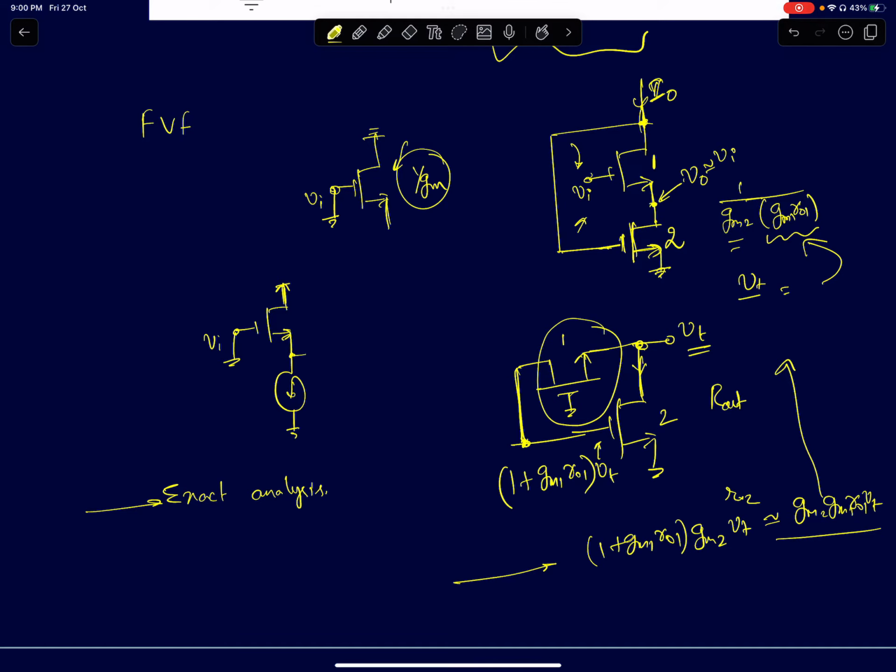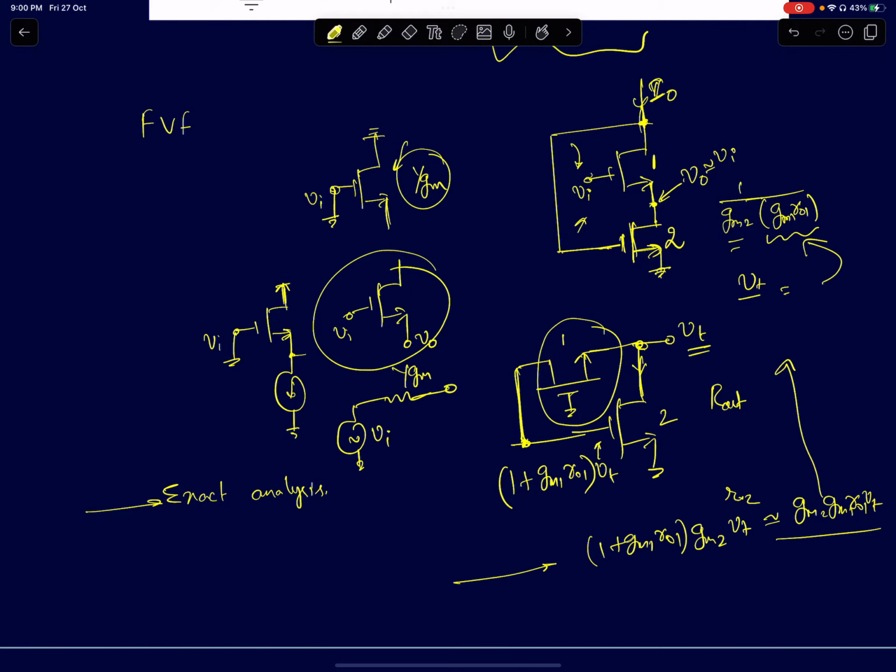Okay. In fact, here I'm finding it for an open circuit condition, but that's how we analyze source followers also, right? If you take a source follower, we normally find its open circuit output voltage, and then we find its output impedance and model it as a Thevenin equivalent. Thevenin equivalent for a source follower will be Vi with an output impedance of 1 by GM.